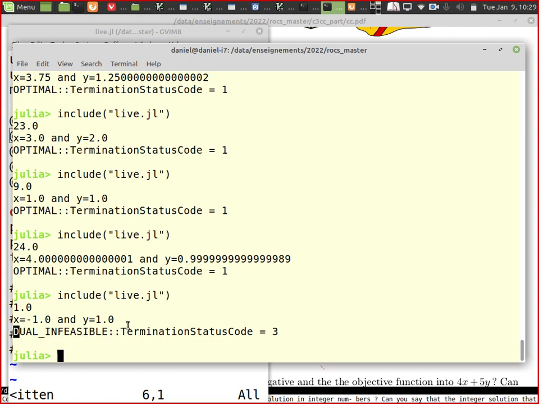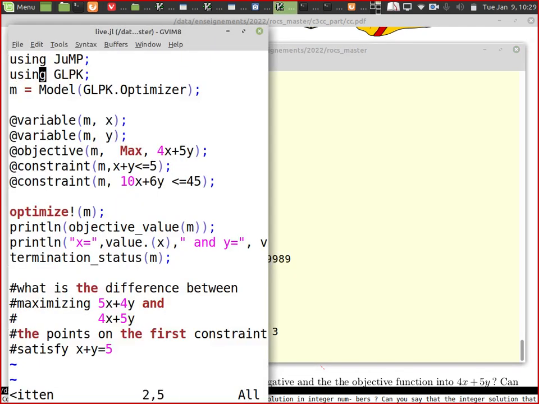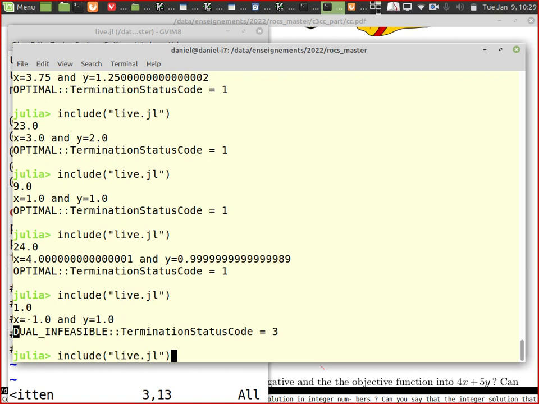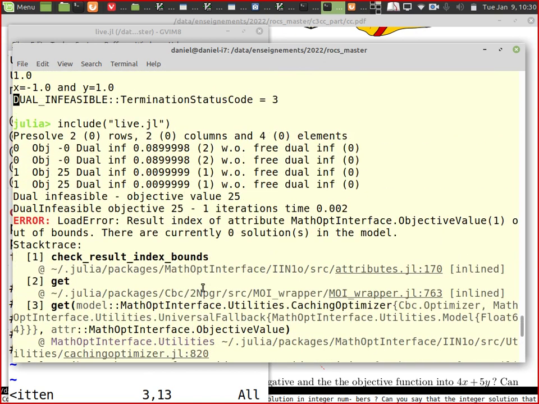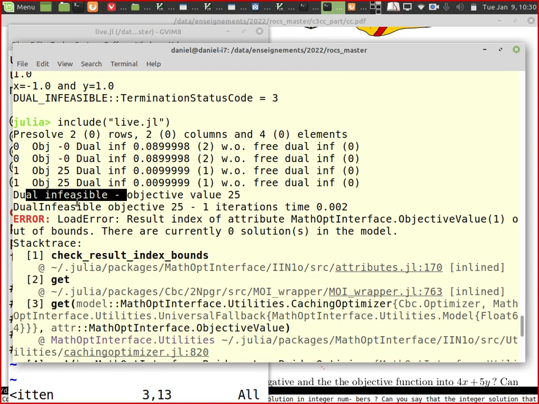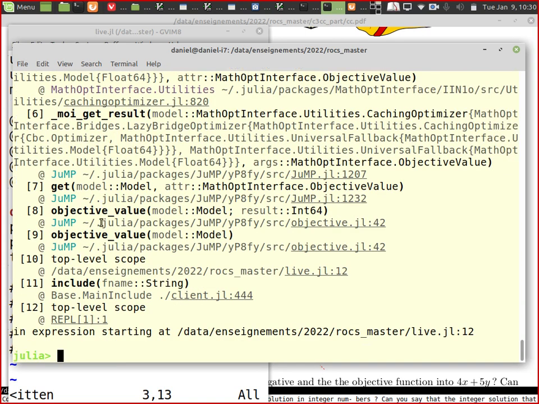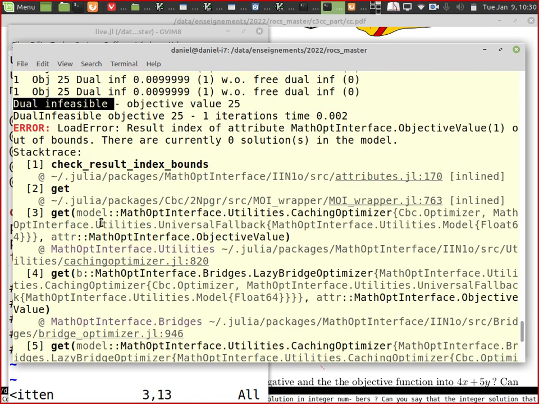It may be interesting to change the solver from GLPK to CBC, just to see how it behaves. The output is different, but it's the same idea: dual infeasible, which basically means that the original model is unbounded.